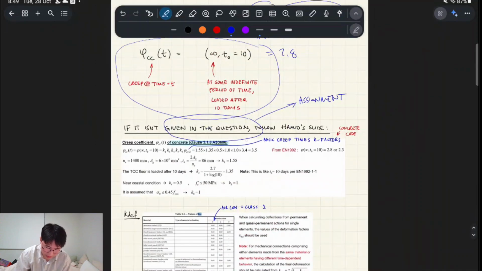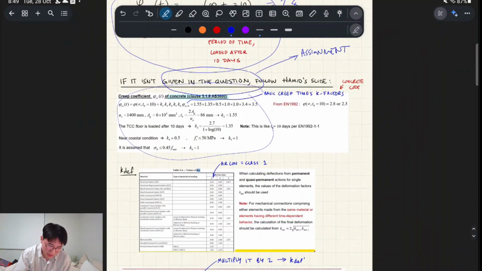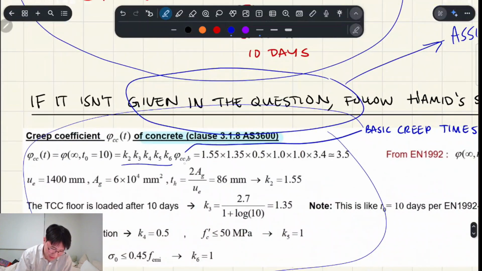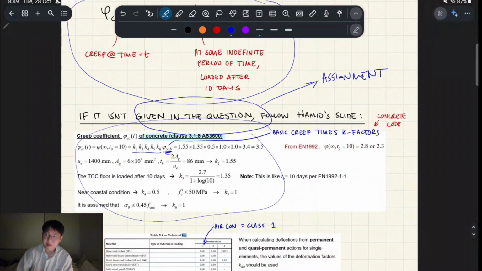But here's how you would work it out. Otherwise, you have to go into the Australian concrete code and follow all the K factors, and those K factors are different to the timber standard K factors. These are completely different. These are creep related coefficients, right? So you have a bunch of K factors and you multiply it by this basic concrete creeping constant.